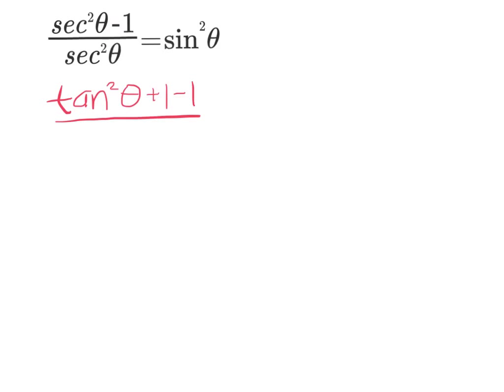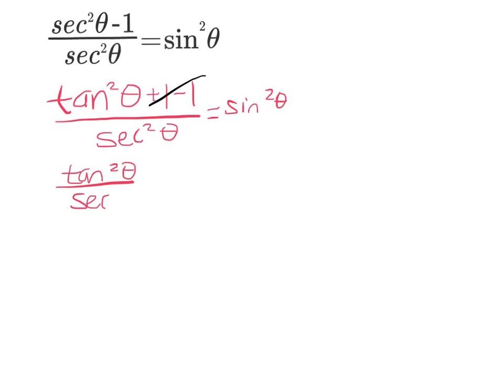That's one of our Pythagorean identities. Now notice up here that those ones cancel and we end up with a simpler expression. Tan squared over secant squared must be equal to sine squared.